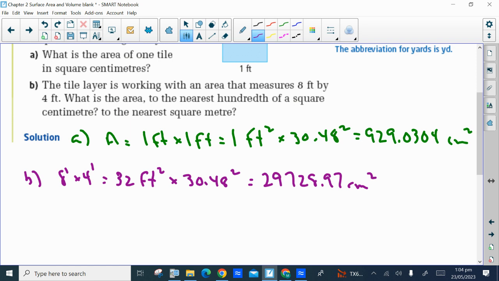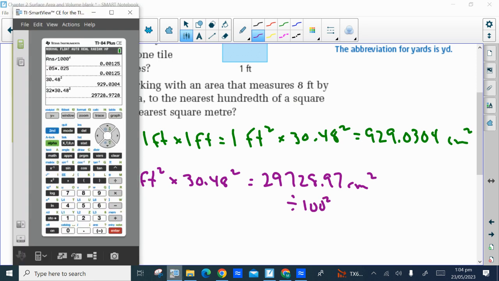And if you want to convert that to the nearest square meter, to go from centimeters to meters, you divide by 100. So to go from centimeters squared to meters squared, what do we do? Yeah, divide by 100 squared, which is 10,000.